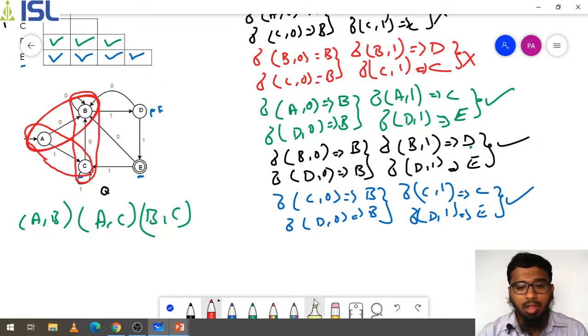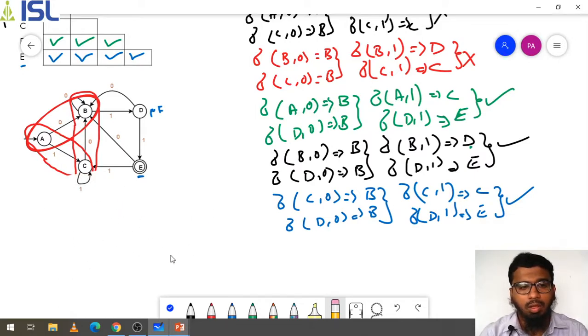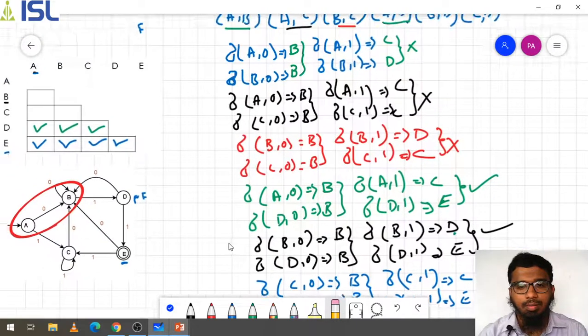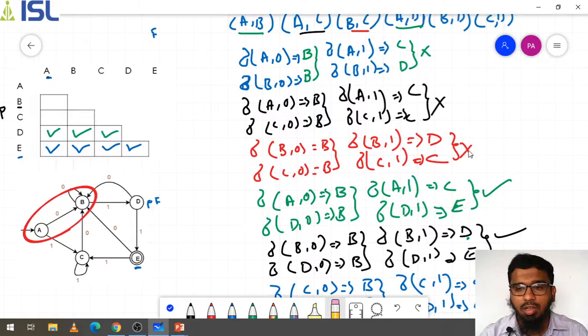Sorry, here there is some mistake. What is the mistake? Here the CD: can you see C and D? C is a non-final state and D is a final state. So this is correct, this is accepting.